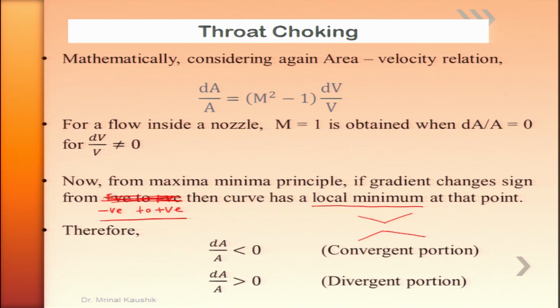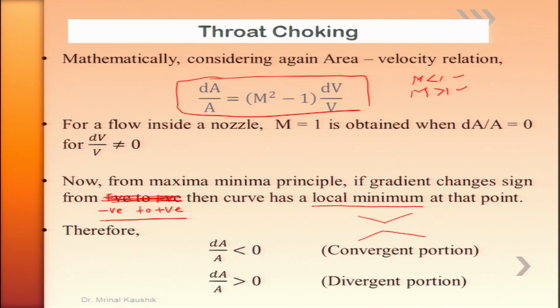Now, one more aspect we want to see from this area velocity relation, which we have obtained as dA by A is equal to M squared minus 1 times dV by V. We have seen the cases when the Mach number is less than 1 and when M is greater than 1, that is, for subsonic flows and supersonic flows.